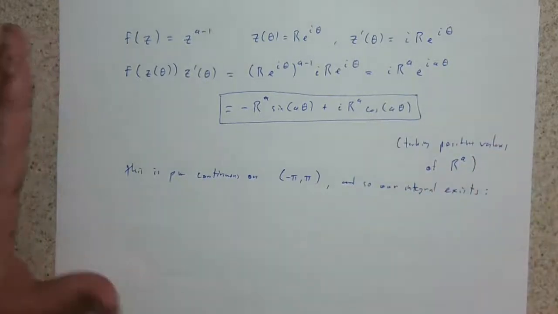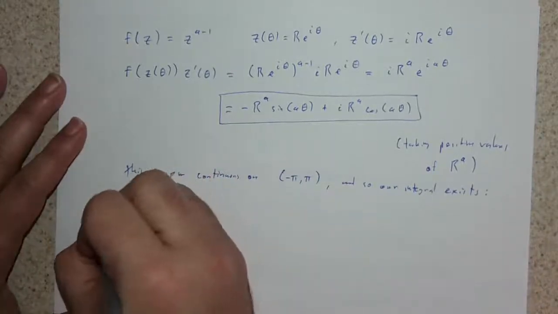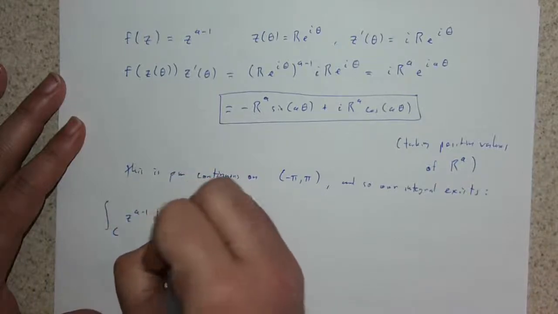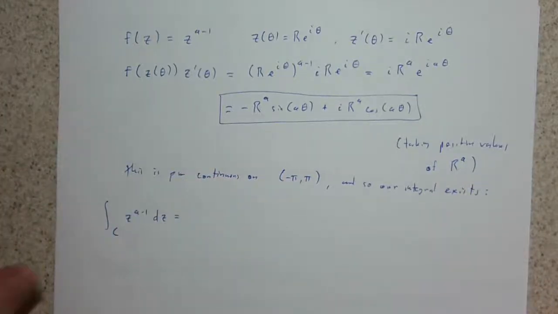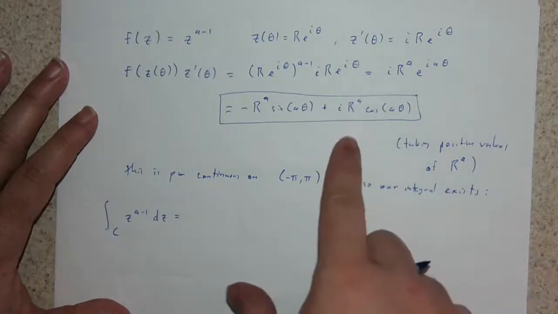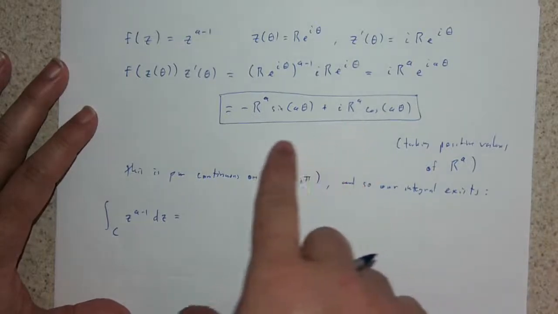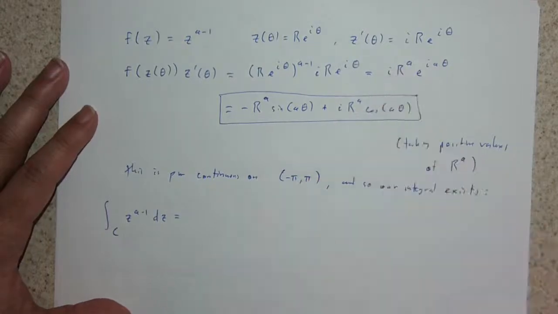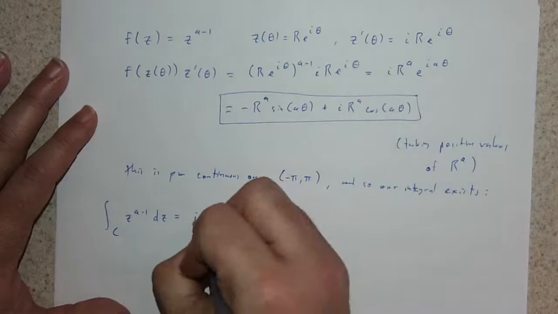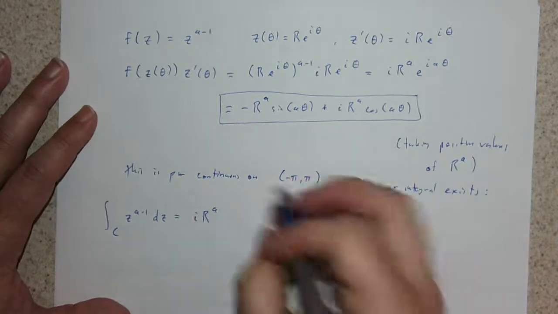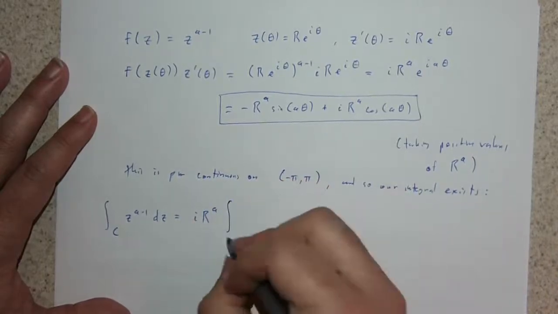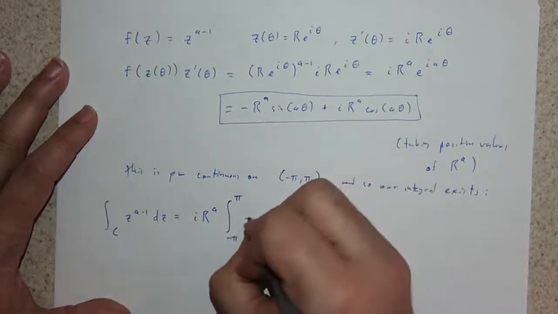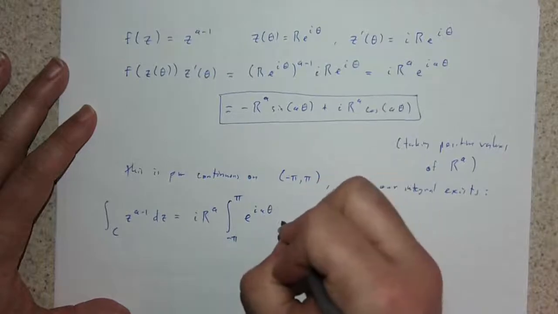To see that it exists, this integral over c of z to the a minus 1 dz is equal to, I can pull out an i r to the a here, so this would be i times r to the a times the integral from minus pi to pi of e to the i a theta d theta.